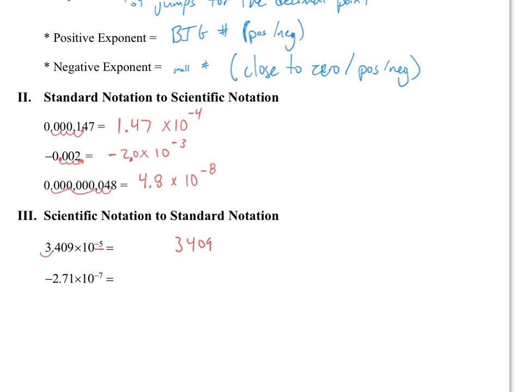Every time going from scientific to standard, you're going to move 1 place with your negative exponents. So I moved 1 place here. How many more do I have to do? 4. So I just have to add 4 zeros. Wait, aren't we going right this time? We went right to go from standard to scientific. From scientific to standard, we go left.